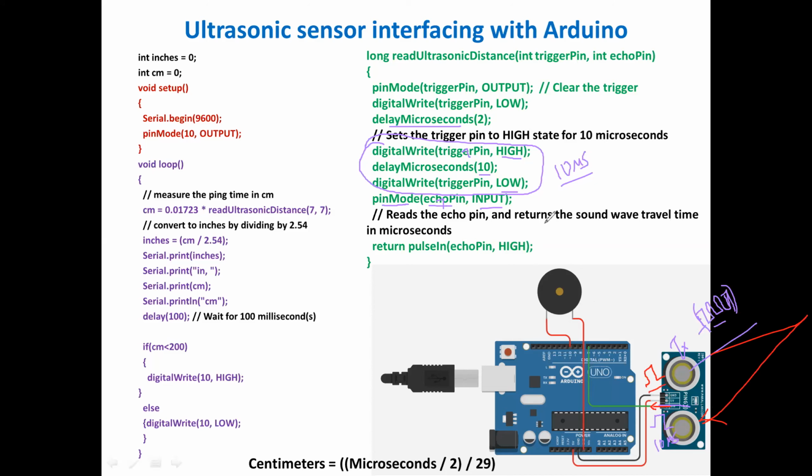So after this duration I make the 7th pin an input, and now I'm going to check whether we are receiving a high pulse or not. If it is a high pulse, automatically the 7th pin will be set high. That is what we are going to check here. What is this pulseIn? It is going to be the inbuilt function.